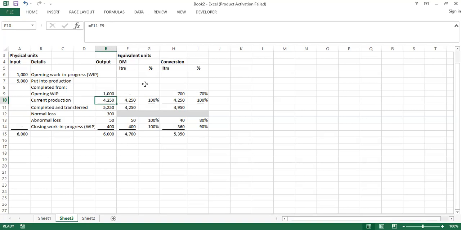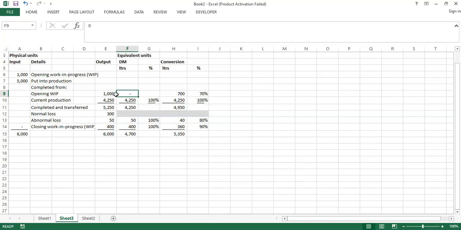We don't take the opening work in progress for direct materials. Why? Because we bought this material last month, during the last period, so we can't include it in this month's cost. Our whole intention is to come up with the costs of current production.